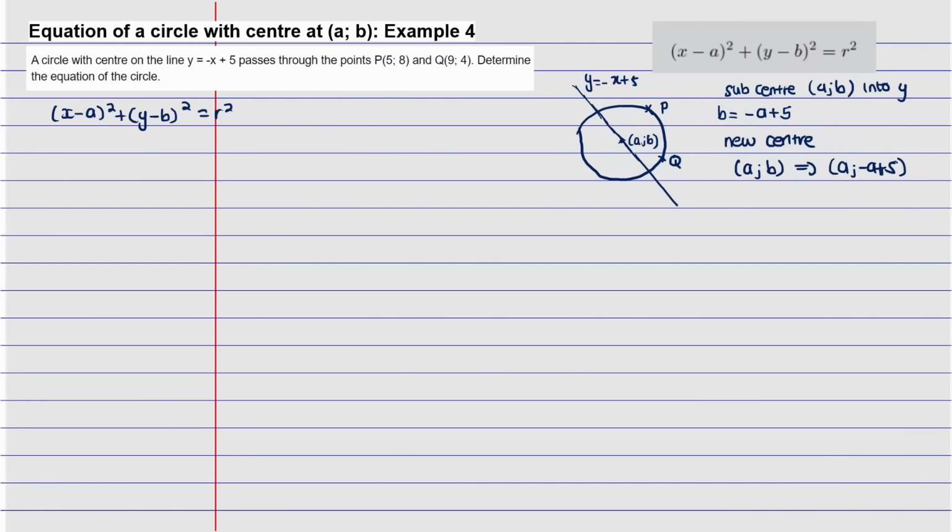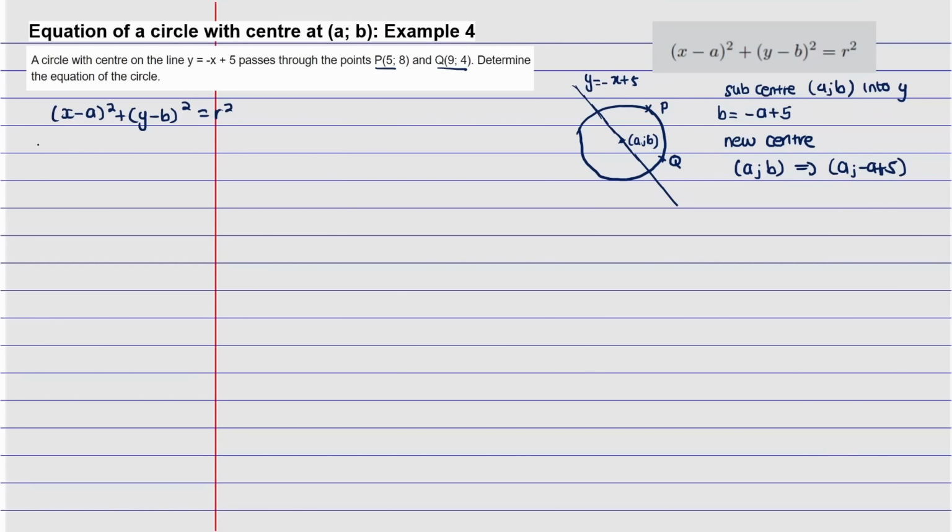Do you see that now my equation is only going to have two unknowns, meaning only a and r. So I can use simultaneous equations, which is nice because if I have 2 points, I can create 2 equations. So now let's rewrite this equation with my new center, which is in terms of a.